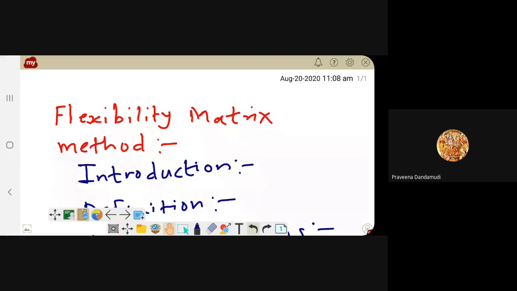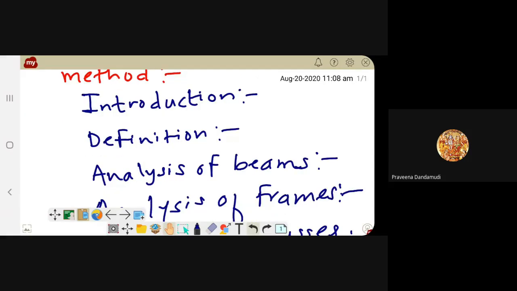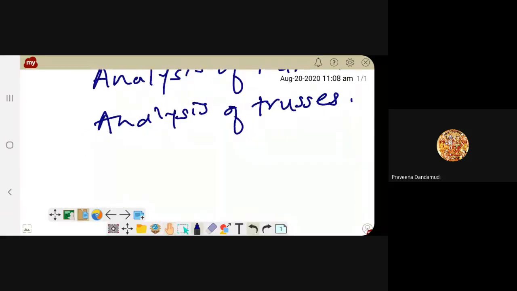In the introduction part, we'll take one by one with the help of points. Okay, I will just write down the point first. The flexibility matrix method is one of the force methods. Okay, this is the type of force method.